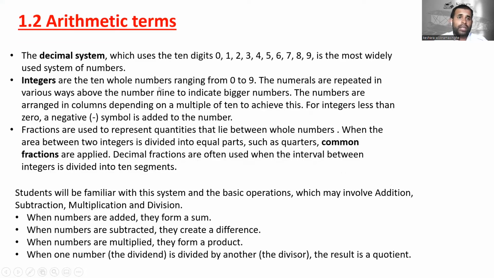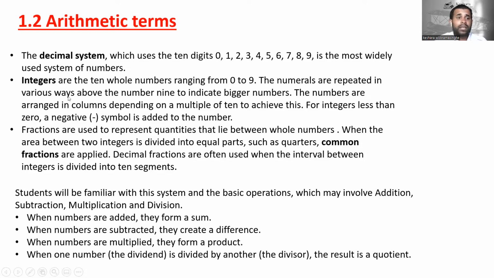All right, now first let's go to the arithmetical terms. The decimal system, which uses the 10 digits 0 to 9, that means 0, 1, 2, 3, 4, 5, 6, 7, 8, 9, is the most widely used system of numbers. Integers are the 10 whole numbers ranging from 0 to 9.